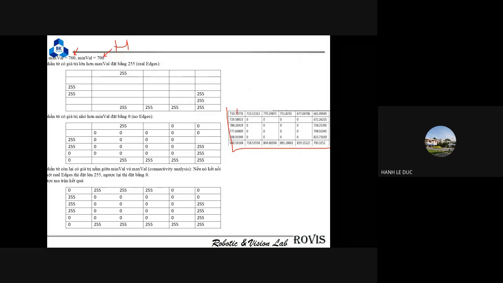Let's see. This number is bigger than 760, so it becomes 255. This one is 255.